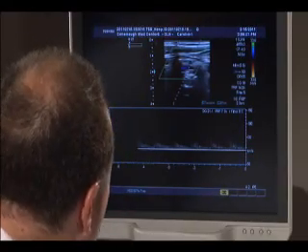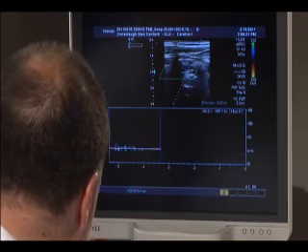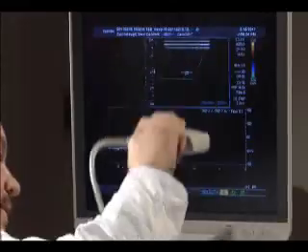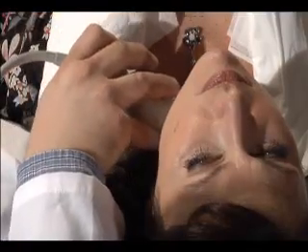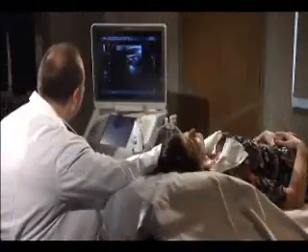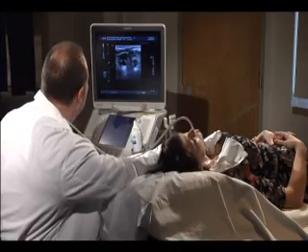And you have to do both sides, like you could have one side look normal and one side be blocked? Exactly, yes. Okay, so take a look at this side. And the technologist will use different views to look at the vessel.